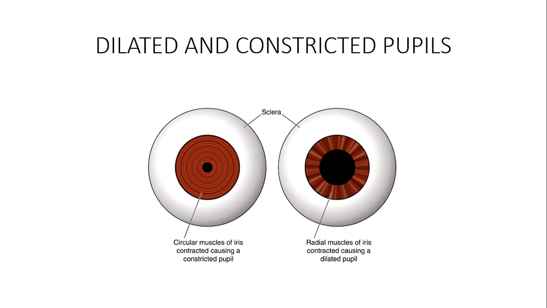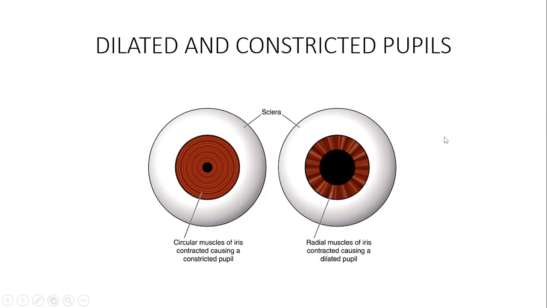Remember that certain recreational drugs can also dilate your pupil. Certain recreational drugs can potentiate the radial muscles of the iris and increase the aperture of the pupil. What recreational drugs? Cocaine, methamphetamines, psychedelic mushrooms, marijuana.